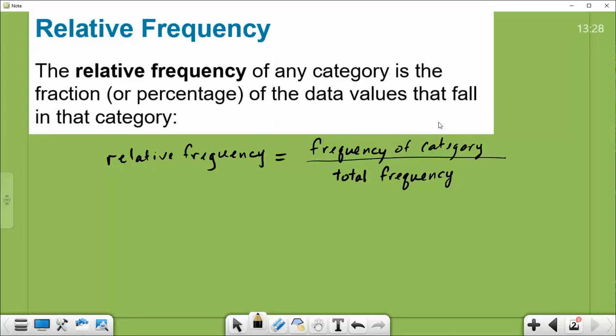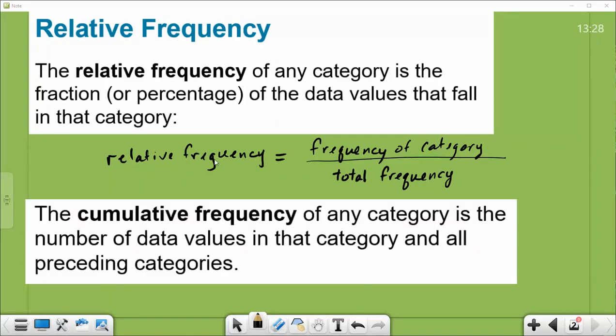And that just gives you that fraction, or you can turn it into a percent.